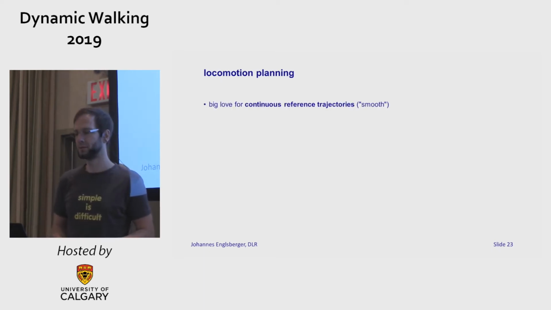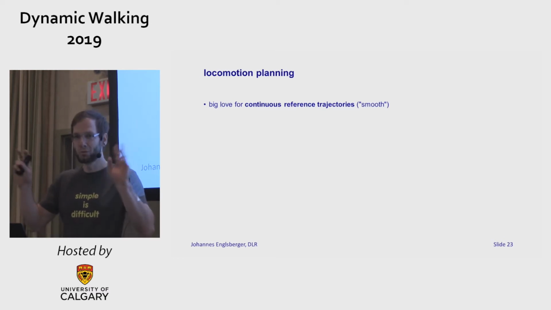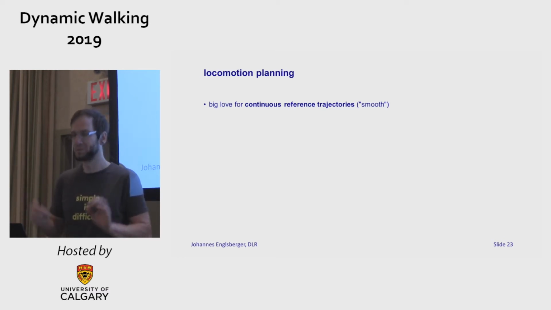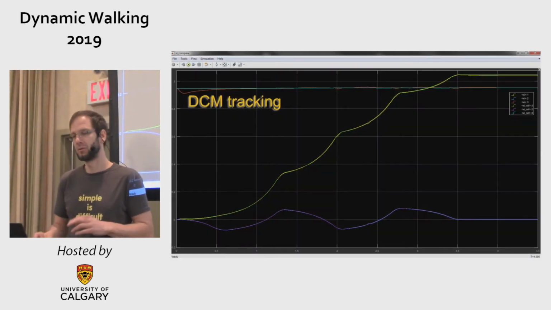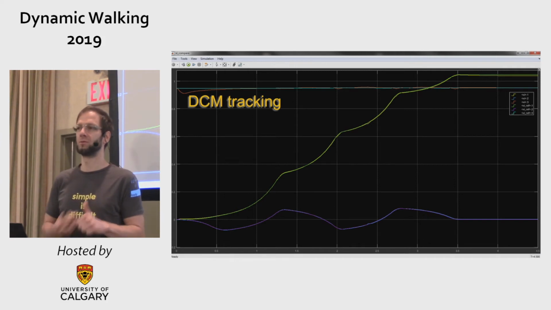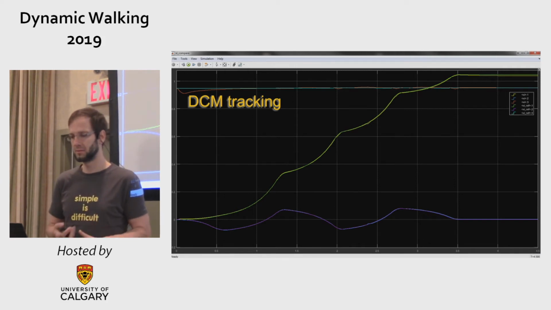Regarding locomotion planning, I have a big love for continuous reference trajectories, as you saw. I like to call those smooth, but in the mathematical sense that's not smooth, but just continuous. Yet they're kind of smooth. Look at this. This is DCM tracking in an OpenHRP simulation, using all my filters and using the state estimation.